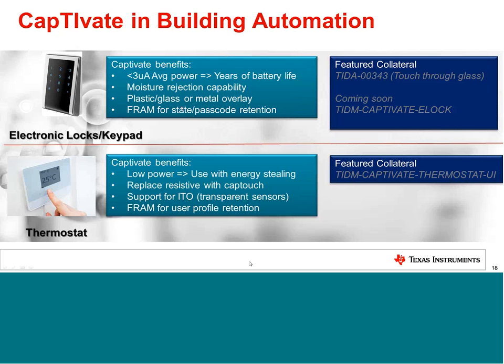Plastic and glass is already very well available. Our EVMs actually ship with a plastic overlay, and we have this collateral available for glass overlay as well. Also, from an FRAM standpoint, ability to save the state and passcode on an electronic lock in FRAM would be an advantage when you're designing E-locks.